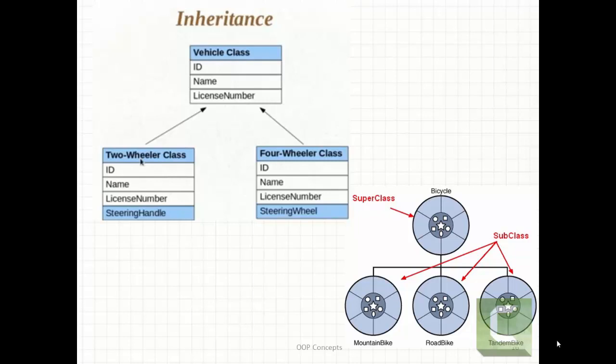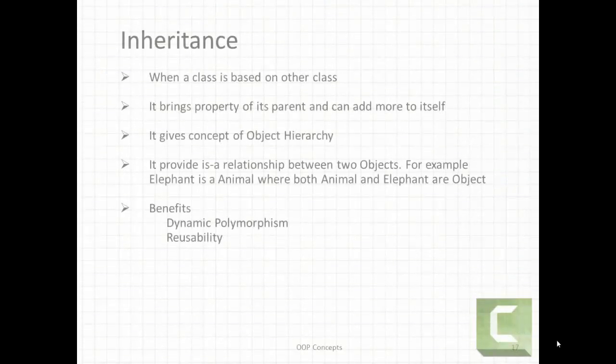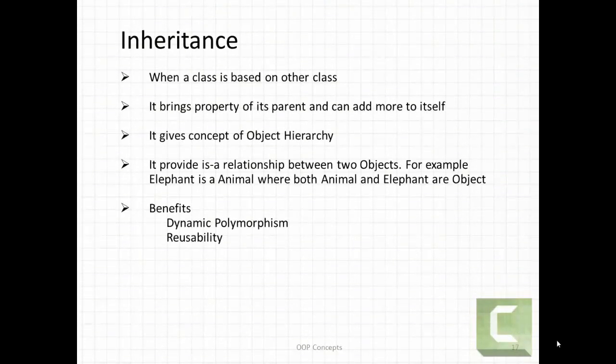You can say a mountain bike is a bicycle, a road bike is a bicycle, a tandem bike is a bicycle. So the relationship maintained over here is called an is-a relationship. If there is an is-a relationship, that is the place where inheritance has to be used.